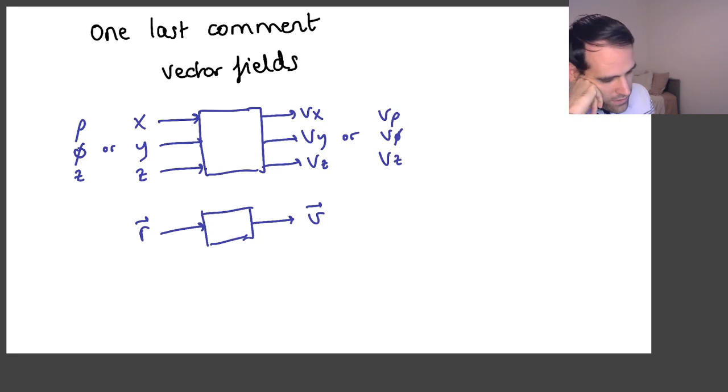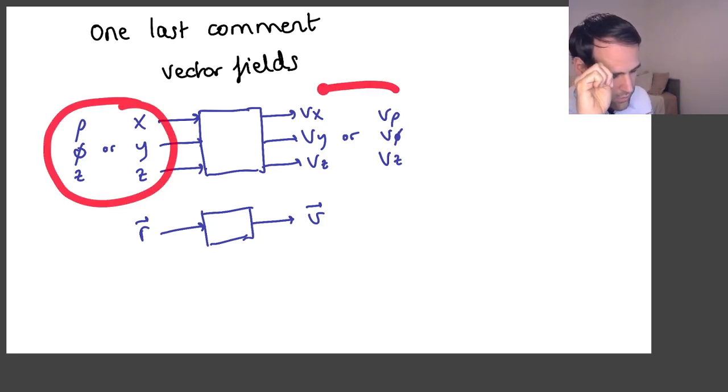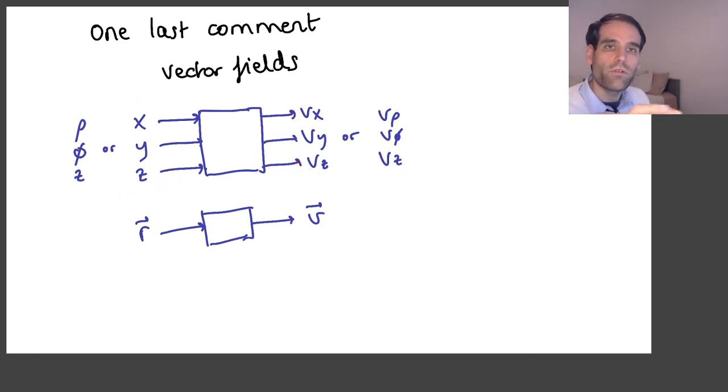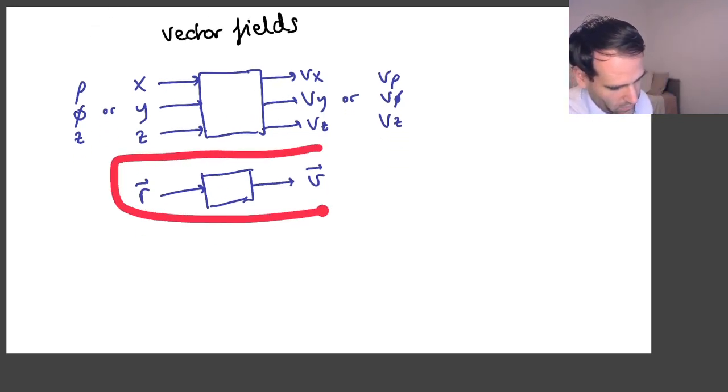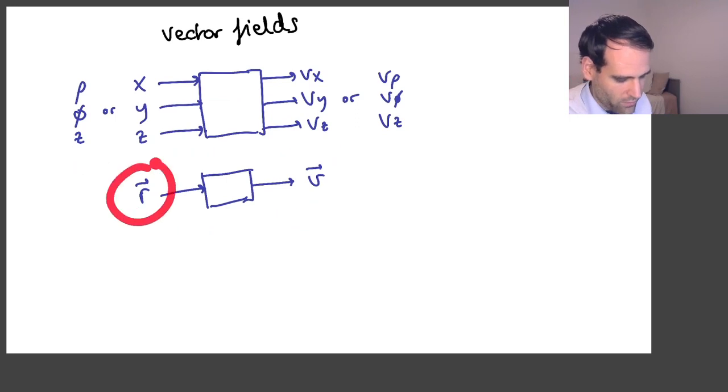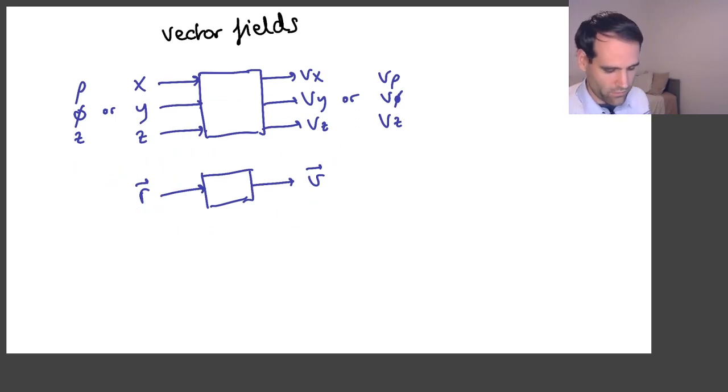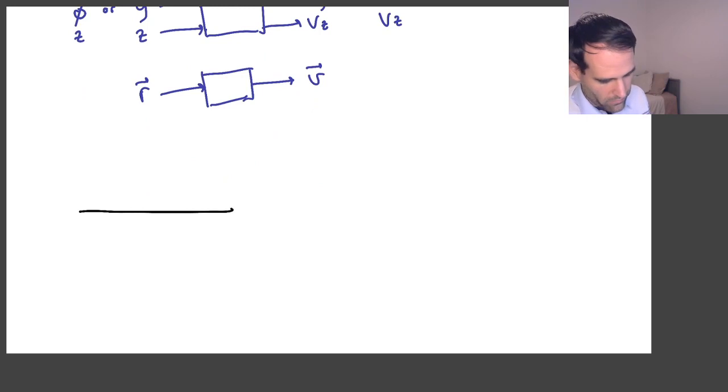And we were very careful to say that you either change the coordinates or change the basis or change both things at the same time. So you have different possibilities. Now, if you try to simplify this picture into this picture here, we have a vector r, which is the position vector. When you are considering your vector field, at each position you have a certain vector.